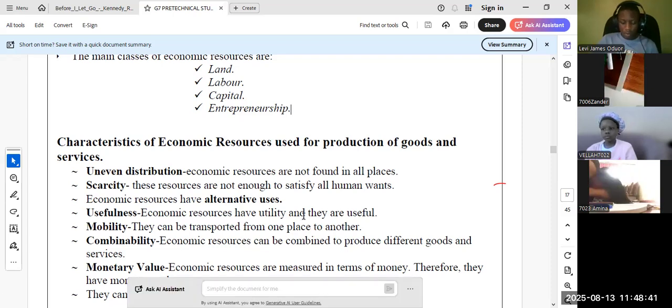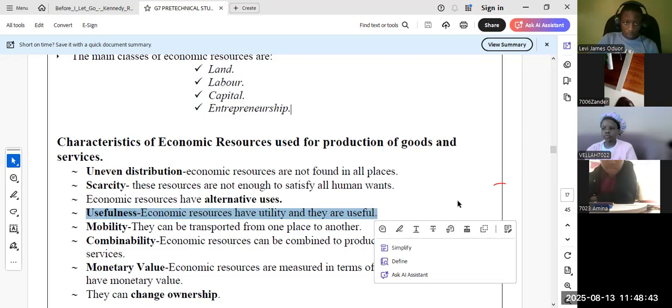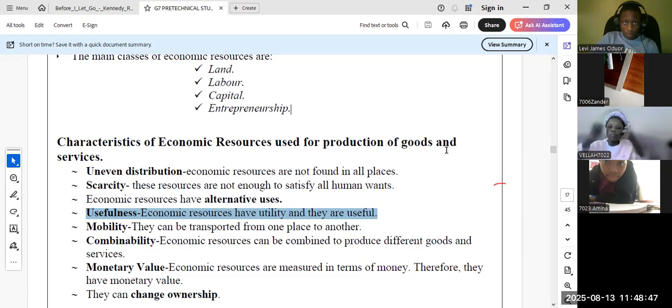Pay attention, Shannon. Economic resources have utility and they are useful. Concentrate. That's why I said everybody's video should be on, because I want to see who is where doing what. Yes, usefulness: economic resources have utility and they are useful. Charlene, I can see your hand. Please take us through the next characteristic.